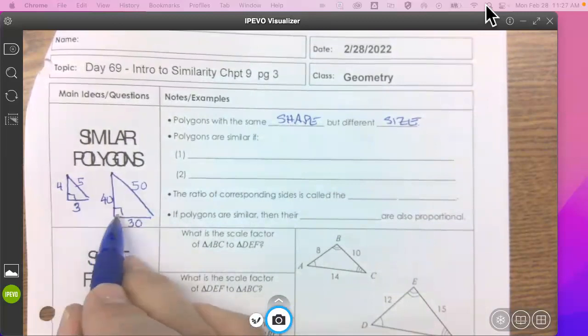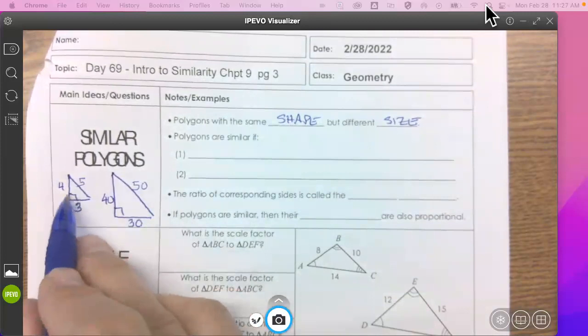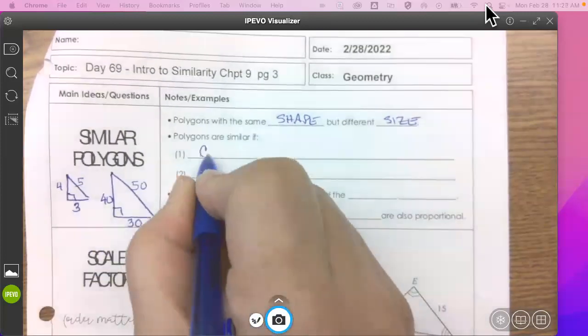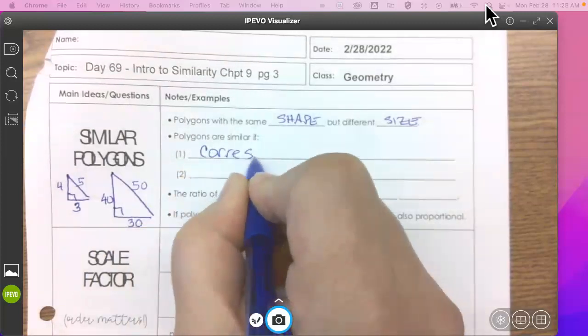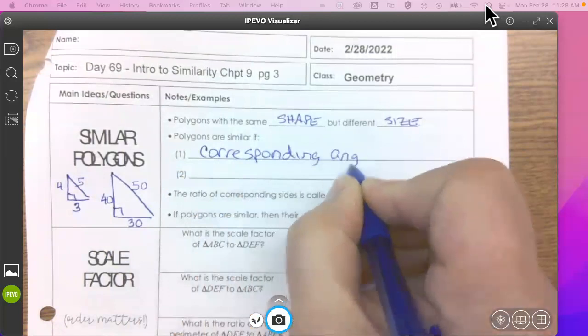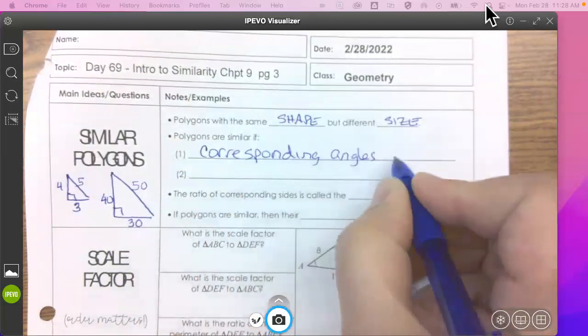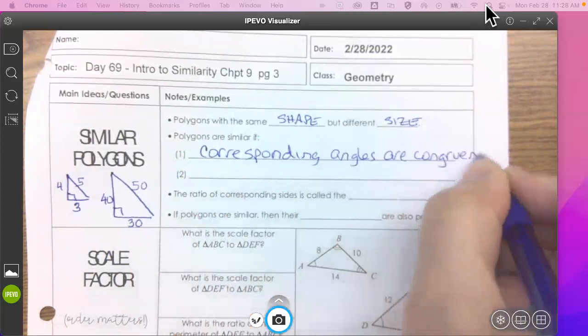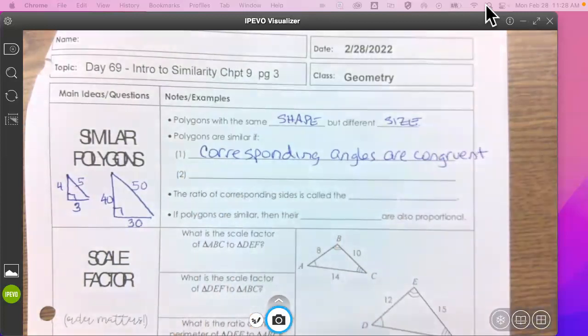Do the angles experience the same growth? They don't, do they? This 90 degrees doesn't turn into 900 degrees. So corresponding angles in similar shapes will be congruent. They're going to stay the same size, no matter how much it's stretched.